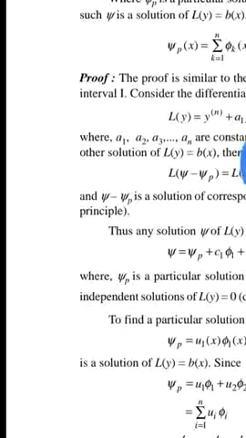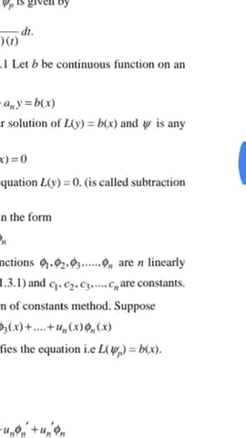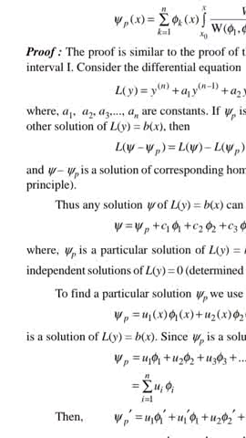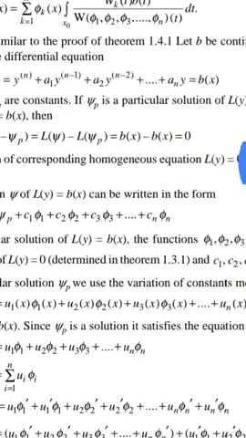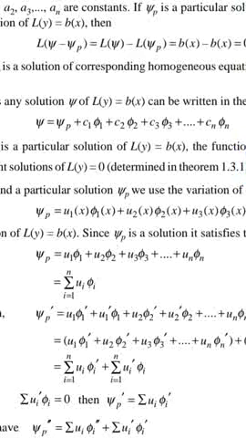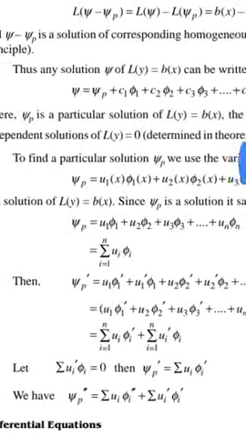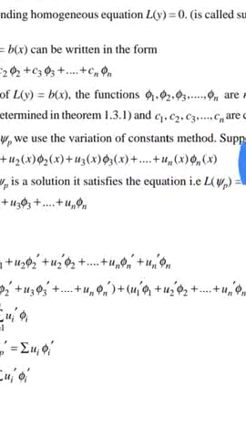= 0, and psi minus psi p is a solution of the corresponding homogeneous equation L(y) = 0. It is called the subtraction principle. Thus, any solution psi of L(y) = b(x) can be written in the form psi = psi p + c1 phi 1 + c2 phi 2 + c3 phi 3 + ... + cn phi n, where psi p is a particular solution of L(y) = b(x).